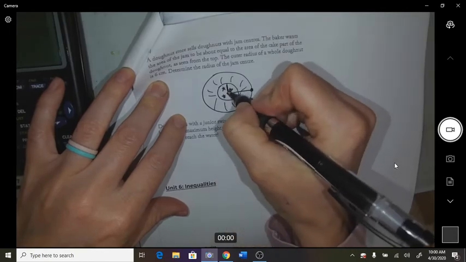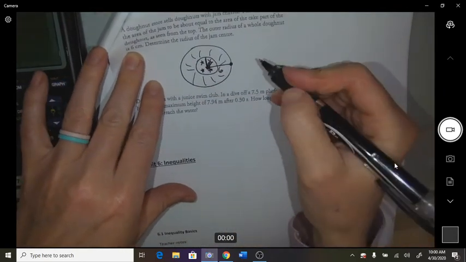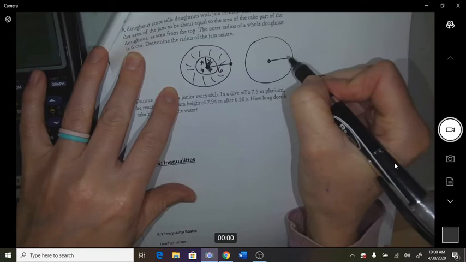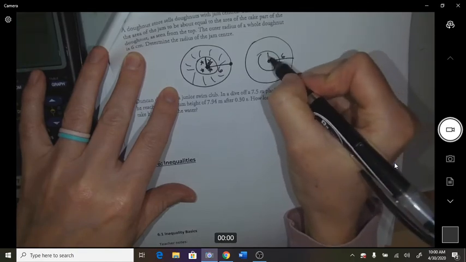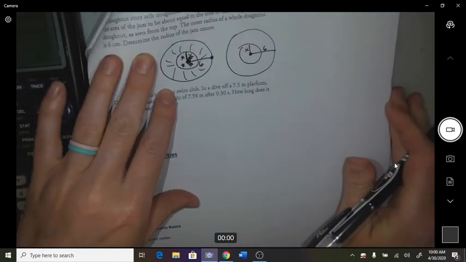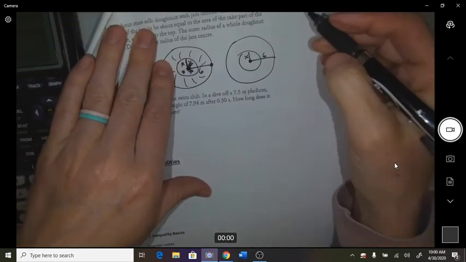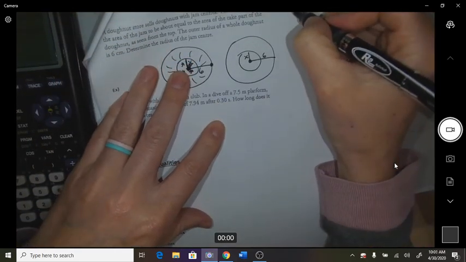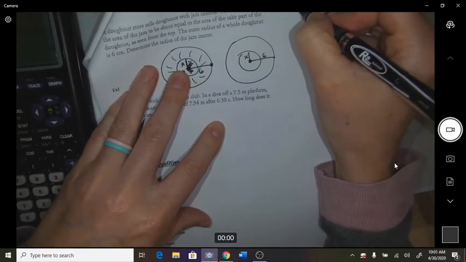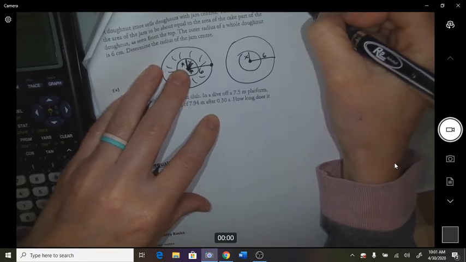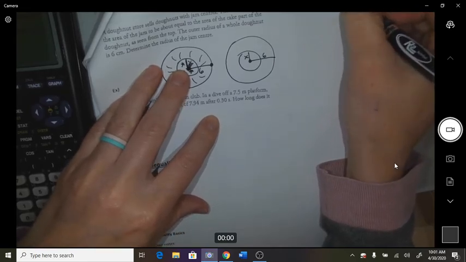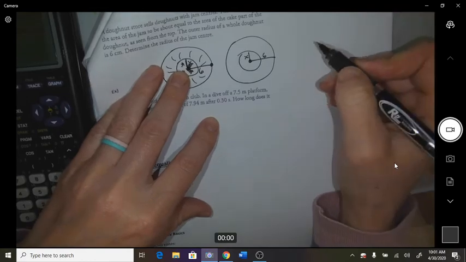And then I'm going to call this radius x, because I don't know. So the area of the outside is going to be equal to the area of the inside.